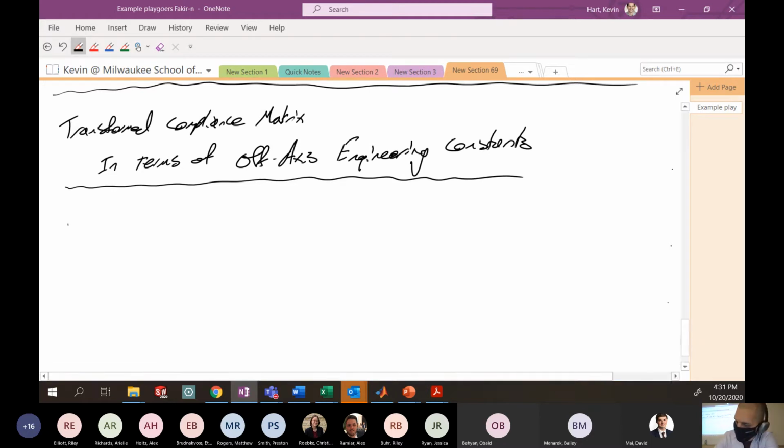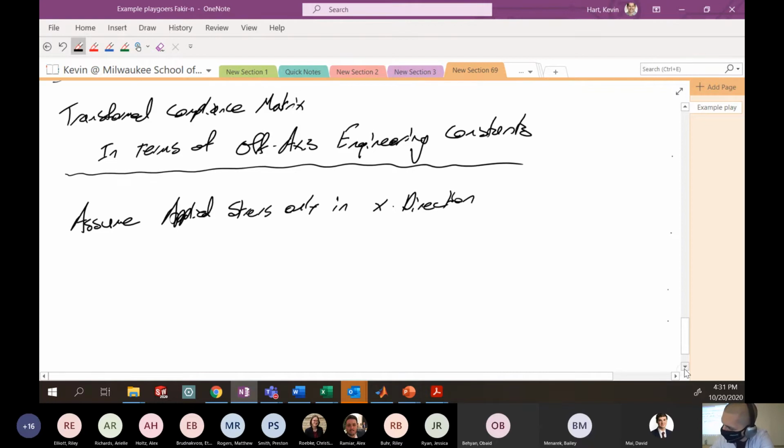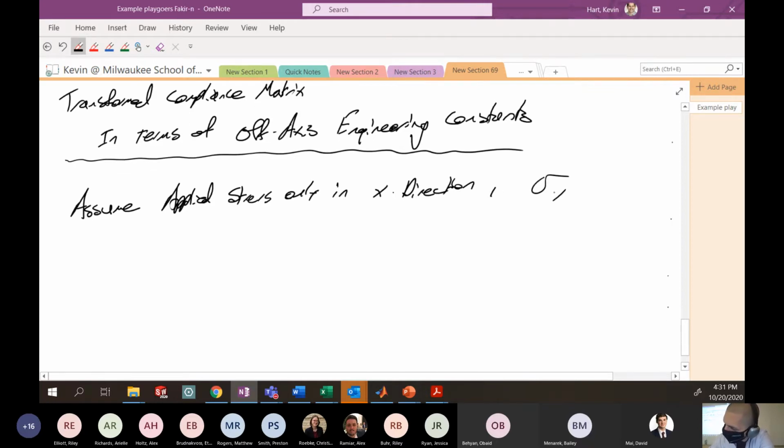Okay, so let's again assume an applied stress only in x direction. That would be like a sigma x. So then the strains would be in this sort of off-axis coordinate system.